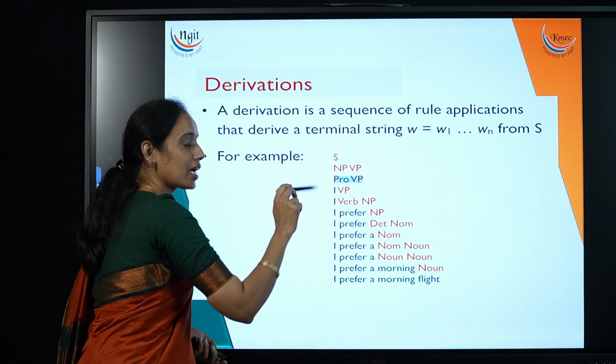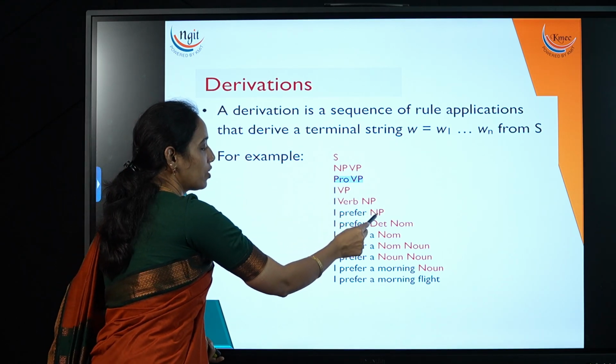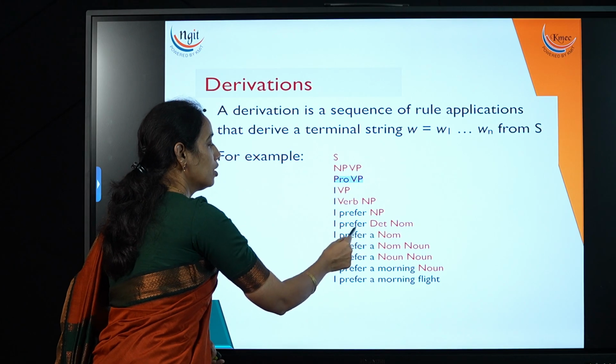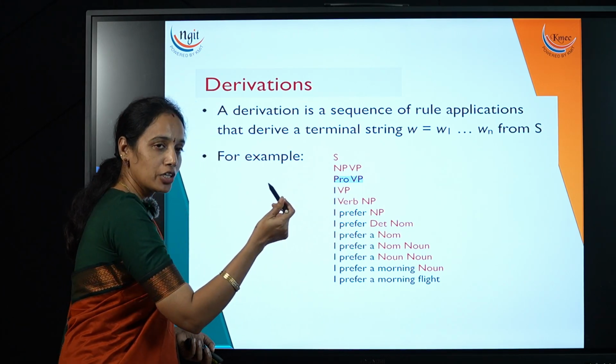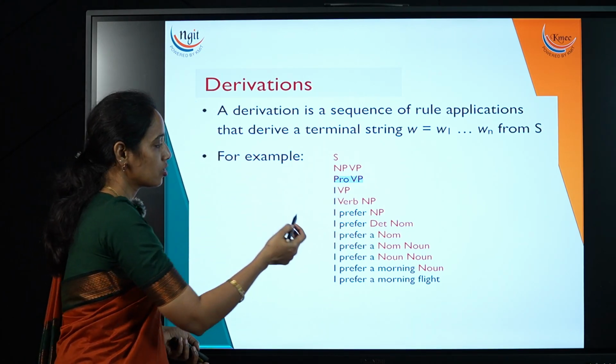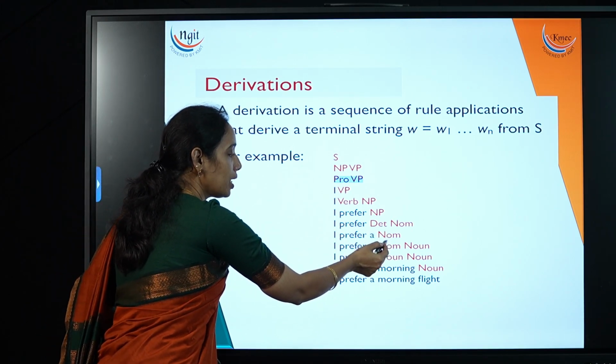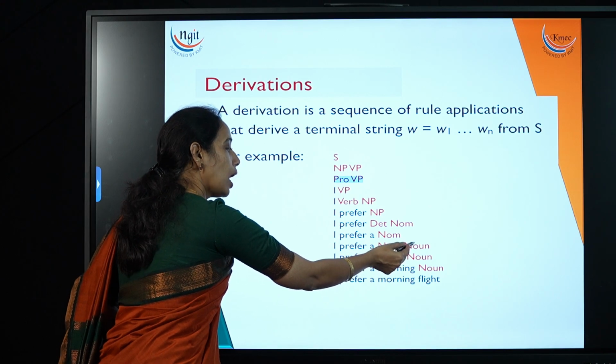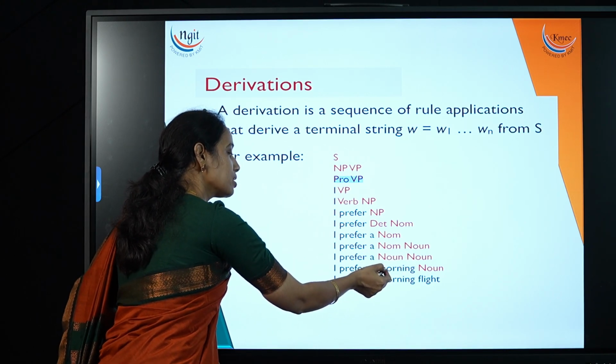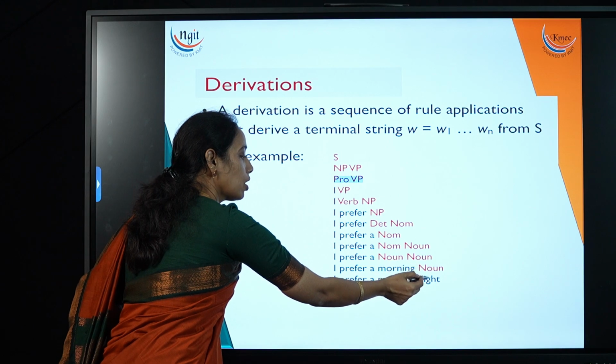In this noun phrase again we can divide it as a determiner and nominal. That determiner may be, as I already told you, a, the, that, this, so it will be a, and then this nominal can be a nominal and noun, and noun can be noun and noun. That is, I prefer a morning flight.